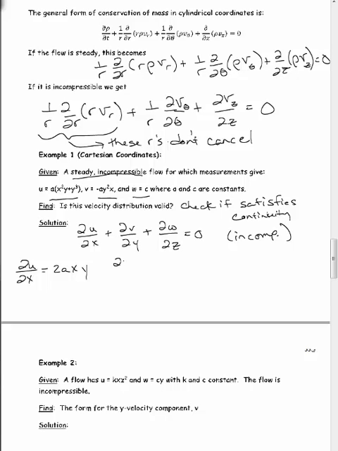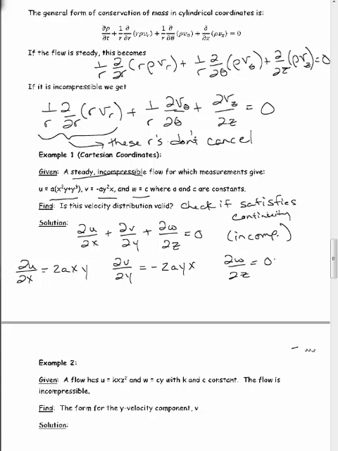Okay, so our dv/dy term then, let's do that one. Well, we've got a y in here, so that's going to be equal to minus a, let me put that 2 from our derivative of y squared, 2ayx. The x and the a stay because we're treating them like constants, remember? And then the last term, dw/dz, well, the derivative of a constant is just 0.